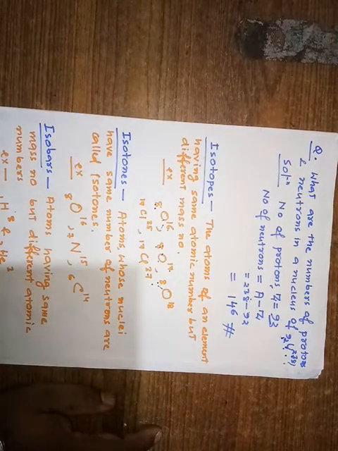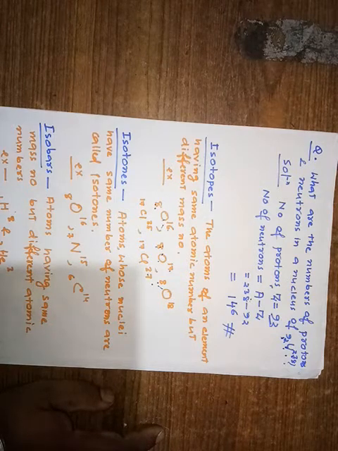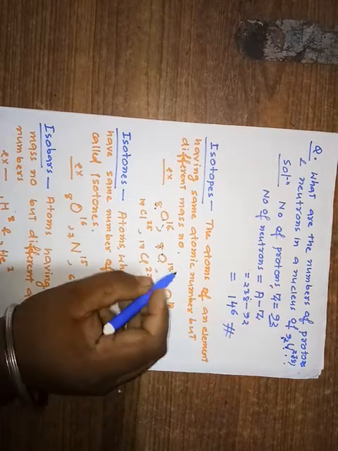Okay. Now, what more can we say in case of isotopes? Look, oxygen 8-16, oxygen 8-17, oxygen 8-18. These are isotopes. They have the same atomic number but different mass number. What is the meaning of having the same atomic number but different mass number?